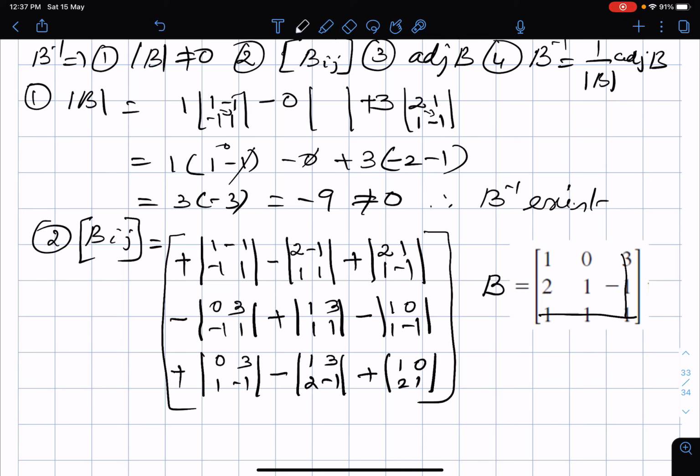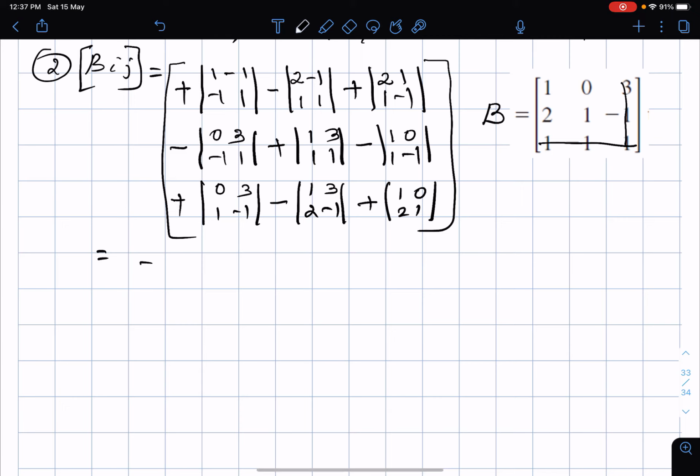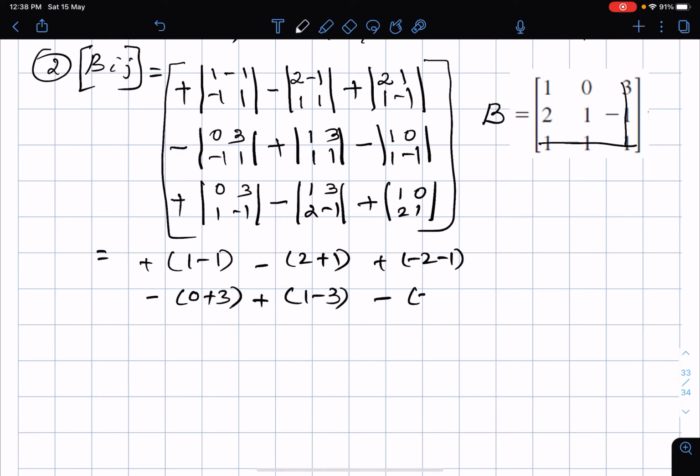Now expanding this, you get it as plus 1 minus 1 minus 2 plus 1 plus minus 2 minus 1. Second row, minus outside, 0 plus 3 plus 1 minus 3 and minus 1 minus 0. Third row, plus outside, 0 minus 3 minus 1 minus 6 plus 1 minus 0.